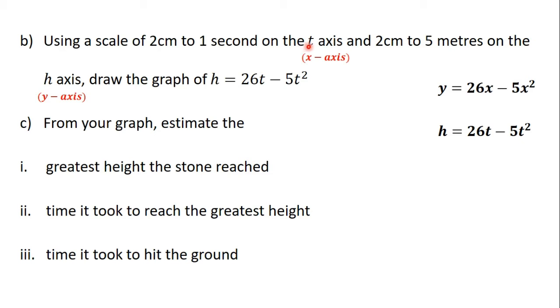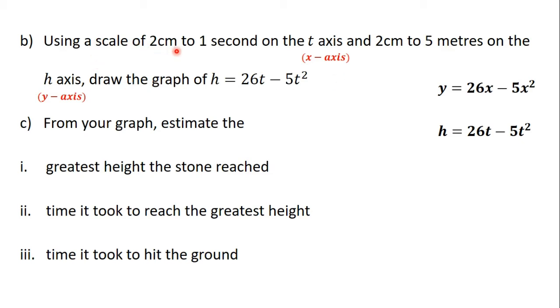But here, t is in seconds, so we know the unit of t. So the scale given to us is 2 centimeters to 1 second. In the same way, on the h-axis, h is in meters, so we know the units of h. So on the h-axis, the scale given to us is 2 centimeters to 5 meters. I hope that is clear now.